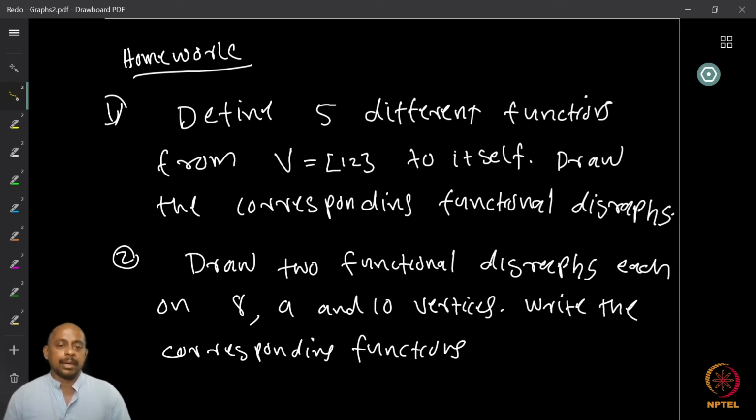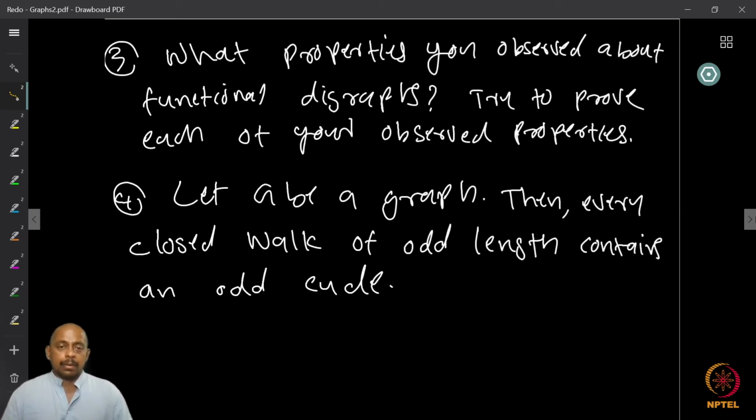Then draw two functional diagrams each on 8, 9, and 10 vertices, and write the corresponding functions. Now, if you have observed some properties after drawing several of these, what are these properties that you have seen? So make a note of that and try to write it.